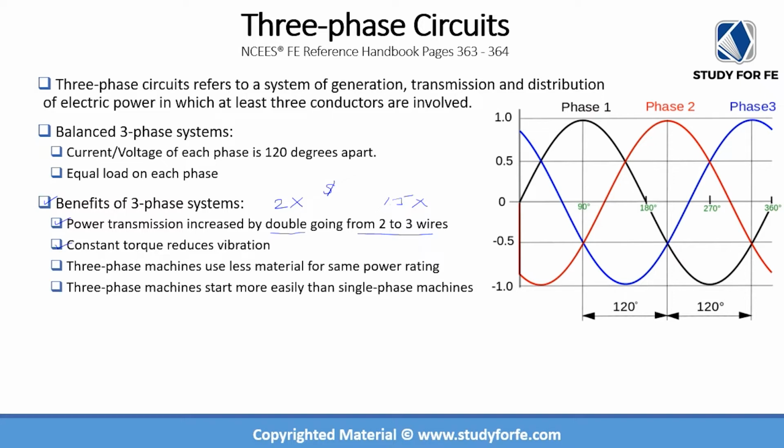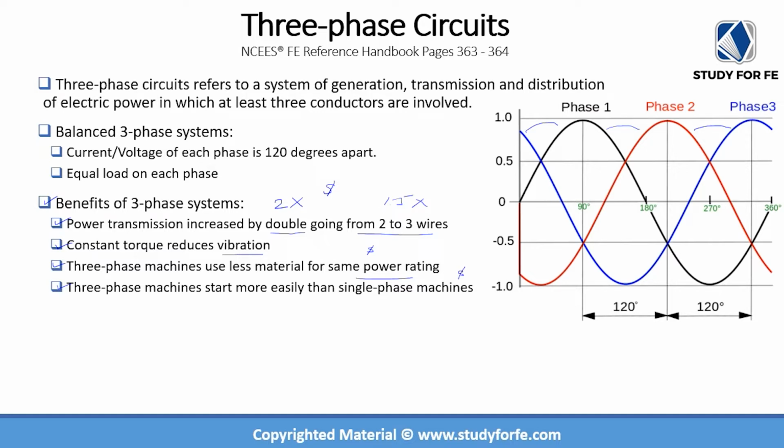Constant torque reduces vibration, so you always have some voltage appearing. Okay, so there's the first peak, but in between the peaks you can see that there's some voltage appearing as well, so that reduces the vibration. Three-phase machines use less material for same power rating, so again economic reason. And three-phase machines start more easily than single-phase machines, so you can say reliability and simplification of design, all of which actually translates into dollars.